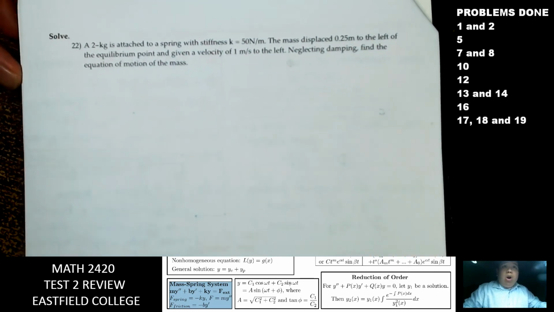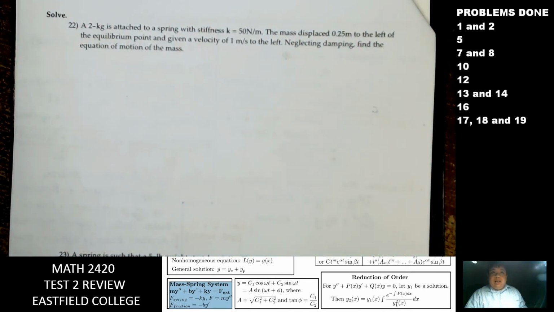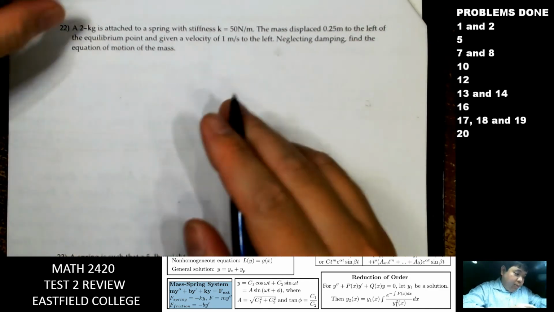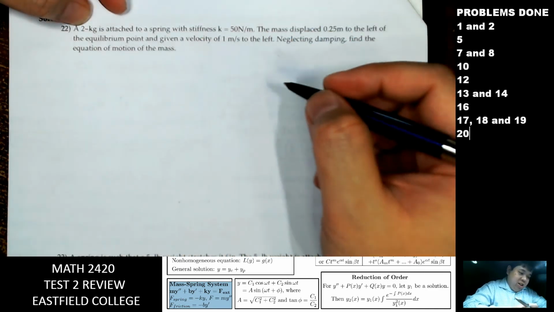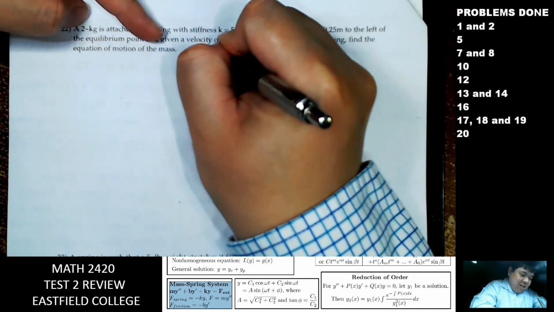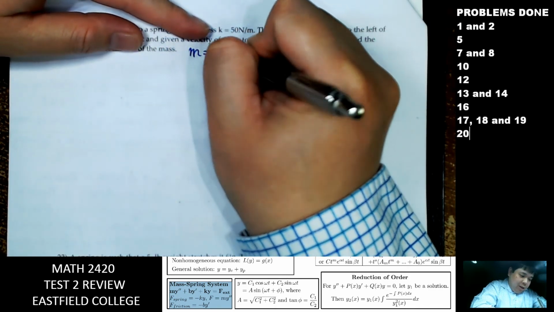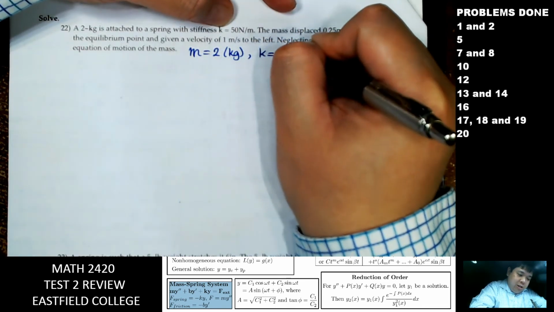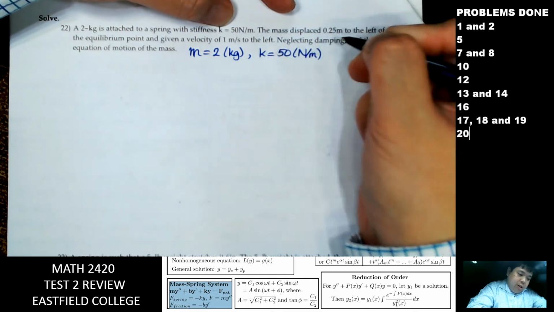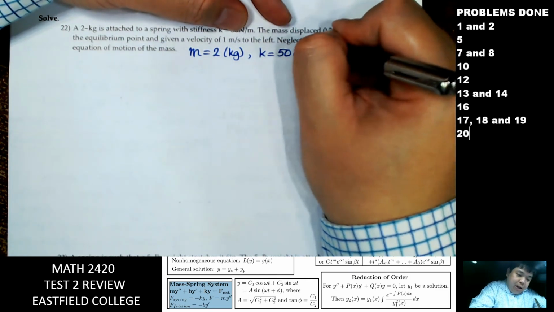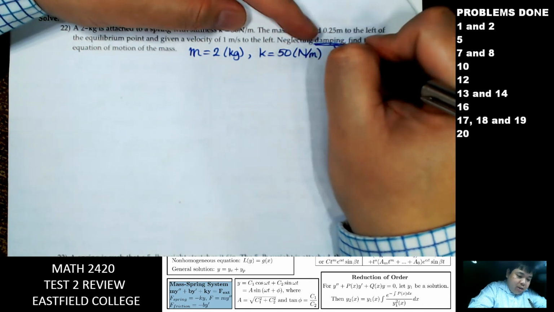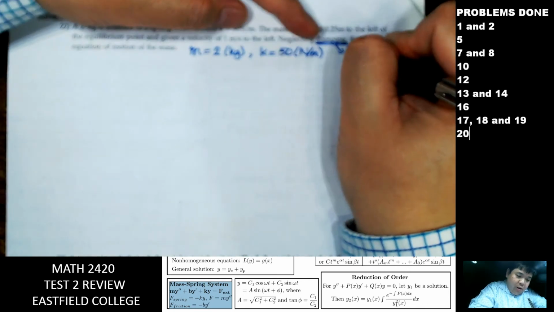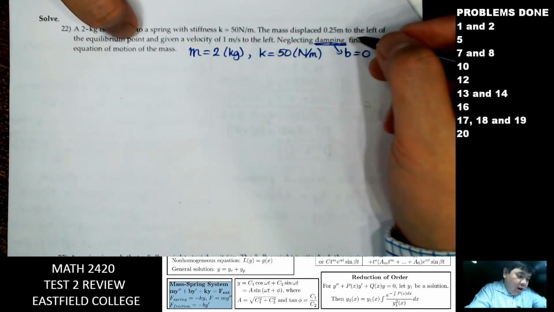By the way, let's update the list. We will not do all of this problem, but at least we set up the equation. 2 kilograms, that obviously is the mass. The spring constant. And neglect damping. There's no damping, so b equal to 0.